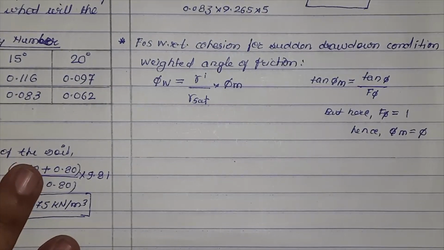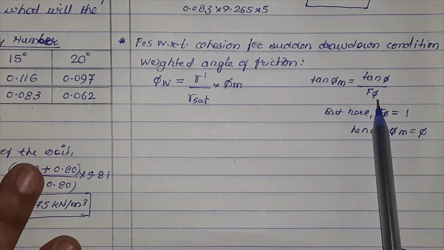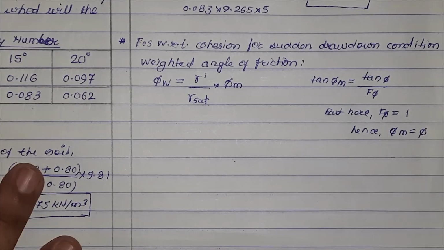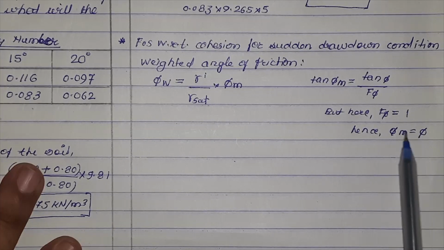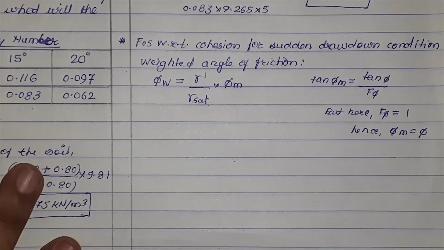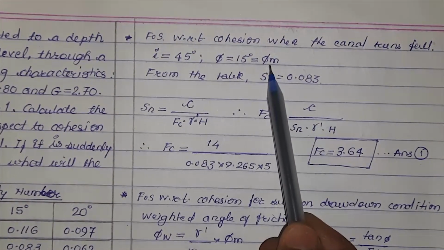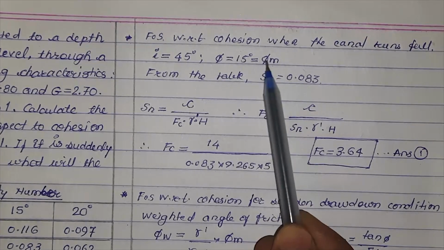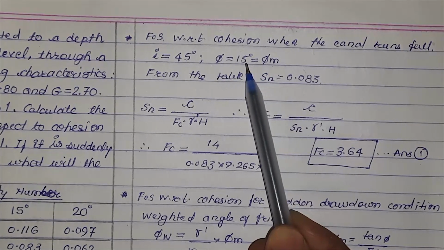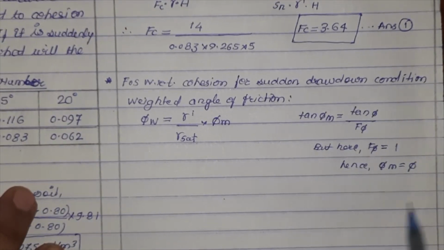Otherwise, if a separate factor of safety is mentioned for angle of friction, first we have to adopt this step, calculate phi m, and thereafter use this phi m value in this calculation. Similarly, the value which we have used here for phi m cannot be directly used as 15 degree if a separate factor of safety with respect to angle of friction is mentioned. In that case also find out phi m in this way.